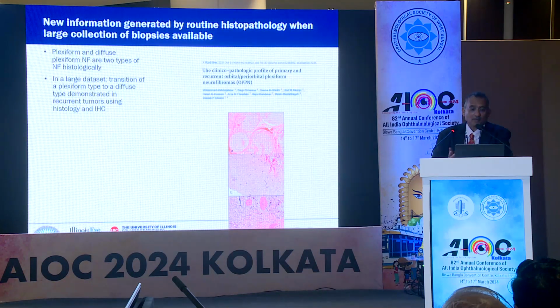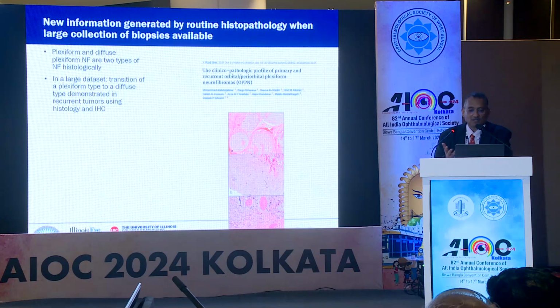So also you can generate new information by routine histopathology when you have a large collection of biopsies available. Both clinicians and ocular pathologists are familiar with plexiform and diffuse neurofibromatosis. These are the usual types, and we usually look at them as separate entities.